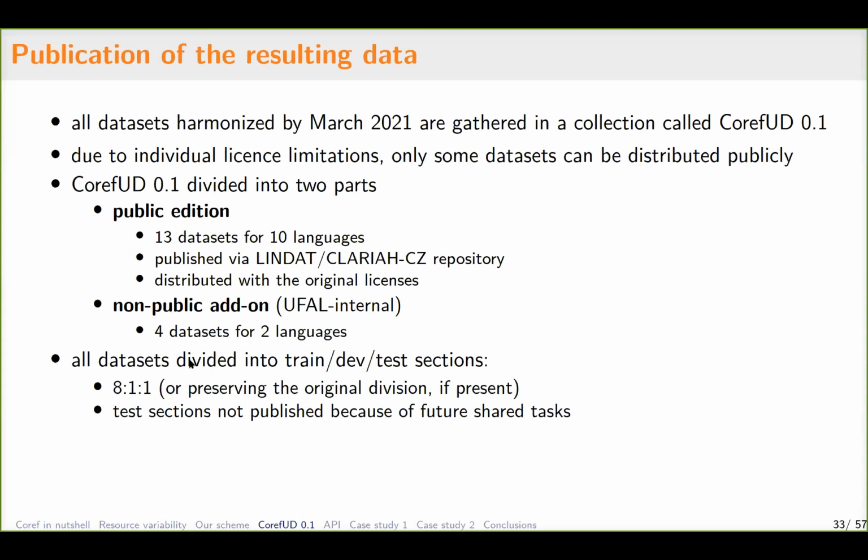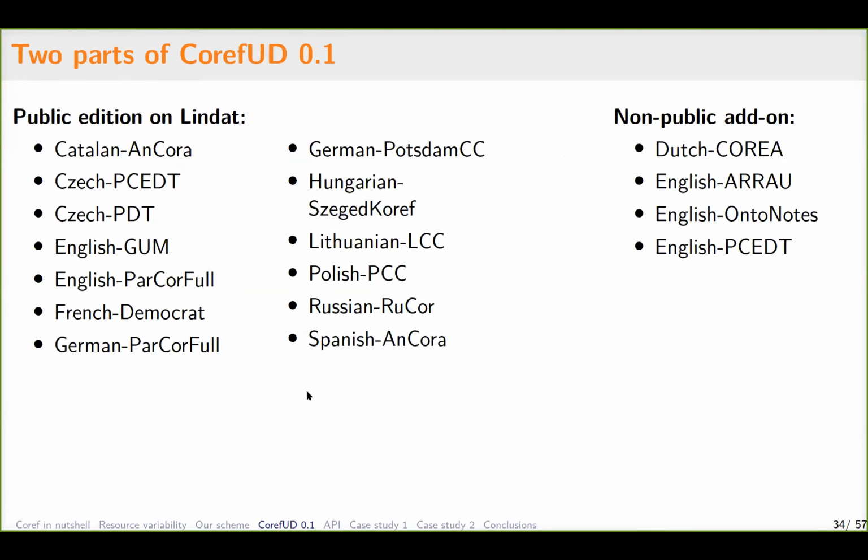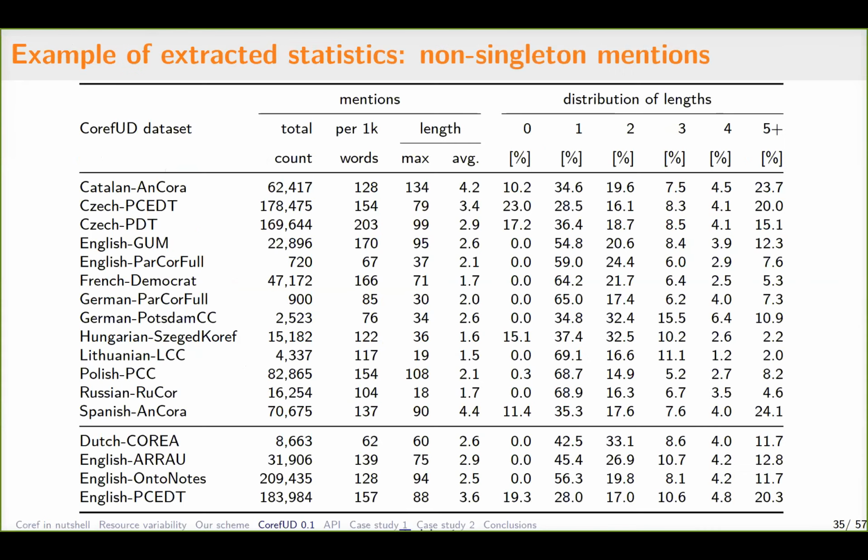And all the datasets have already been divided into train, dev, test sections, or we introduced the division. This is actually the same listing as Anya has shown. So we have 13 datasets for 10 languages in the public part that can be downloaded easily, and 4 more datasets in the non-public add-on.